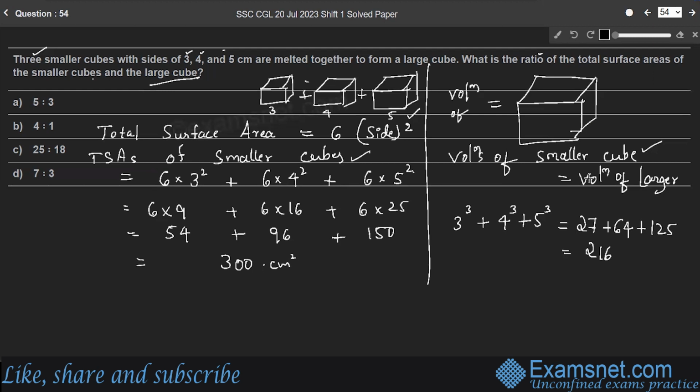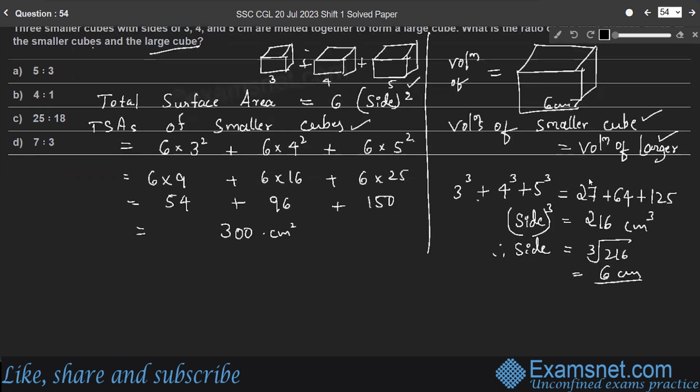So 216 is equal to the total volume of the larger cube. So the formula says the cube of its side is equal to 216 cubic centimeters. Therefore, the side of the larger cube is the cube root of 216, which is 6 centimeters.